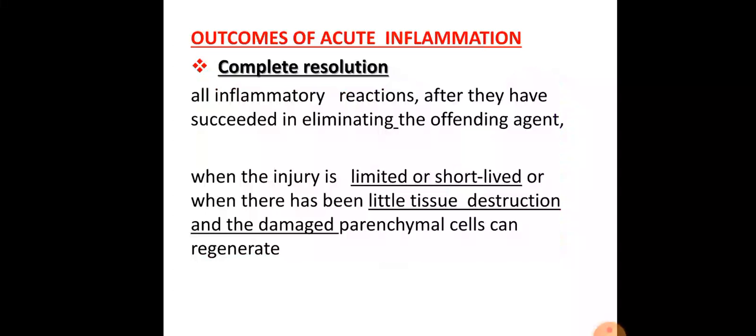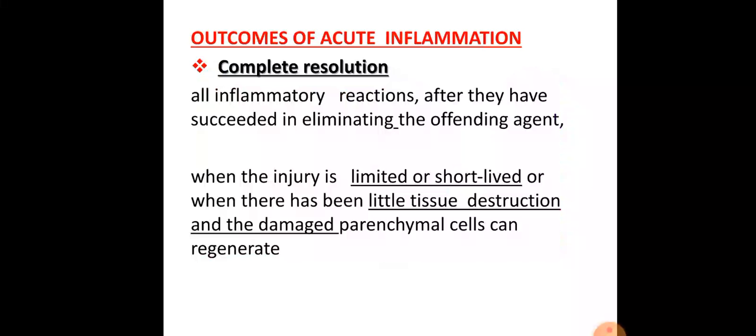In the center there is loss of the lining epithelium with necrosis and granulation tissue formation, if we change to higher power. This is a gastric ulcer. This is one of the morphological features of acute inflammation.